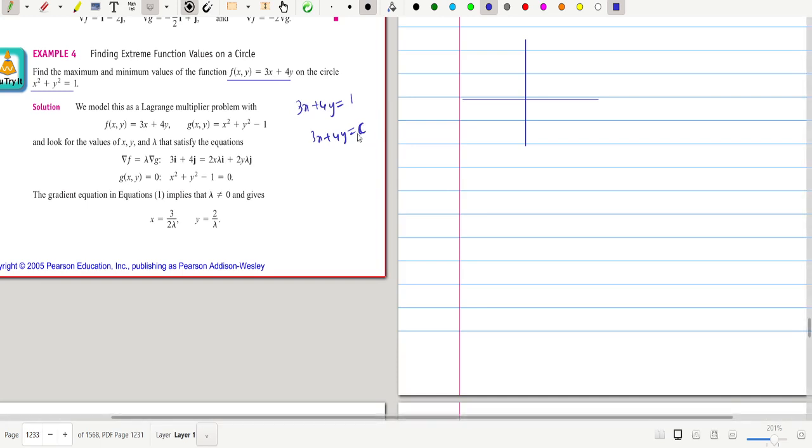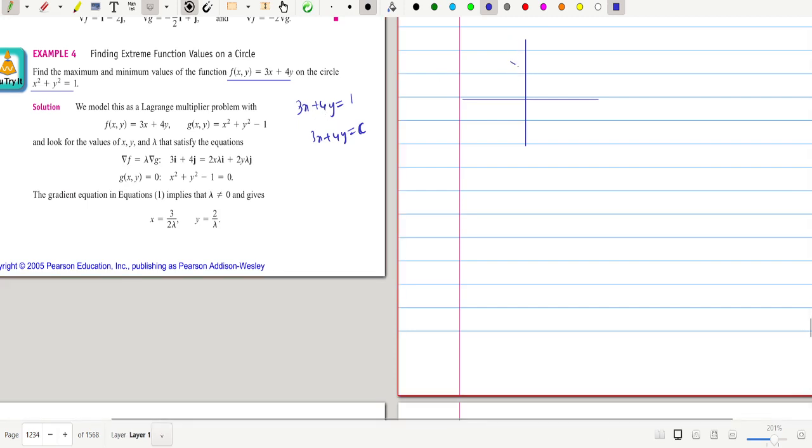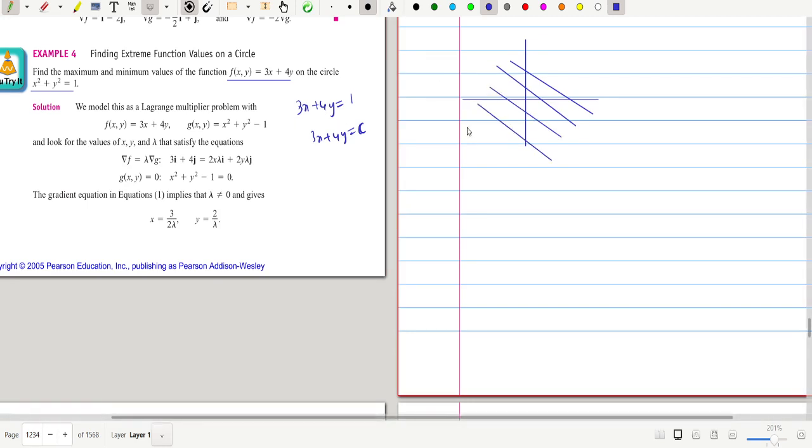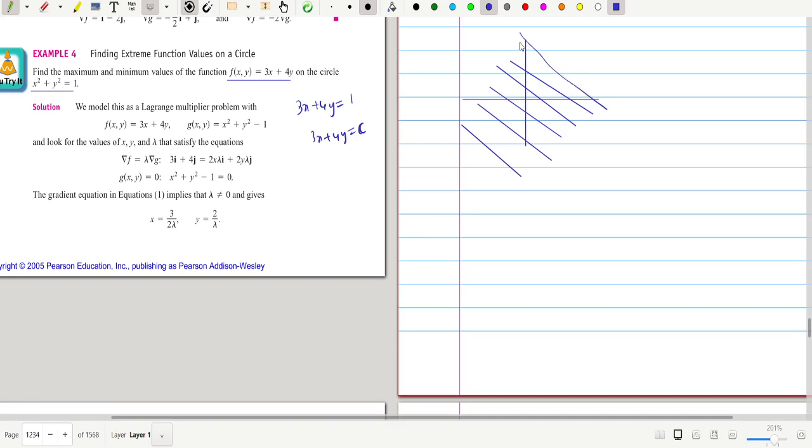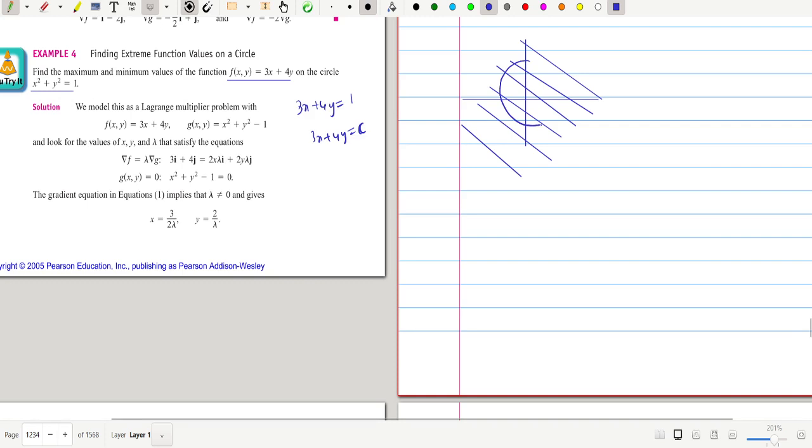Generally, if you choose any c, you get straight lines with slope minus 3. So that straight line is like this. These are the level sets of f of xy, and we need to find the maximum value of this function on this circle. So we consider a circle here.